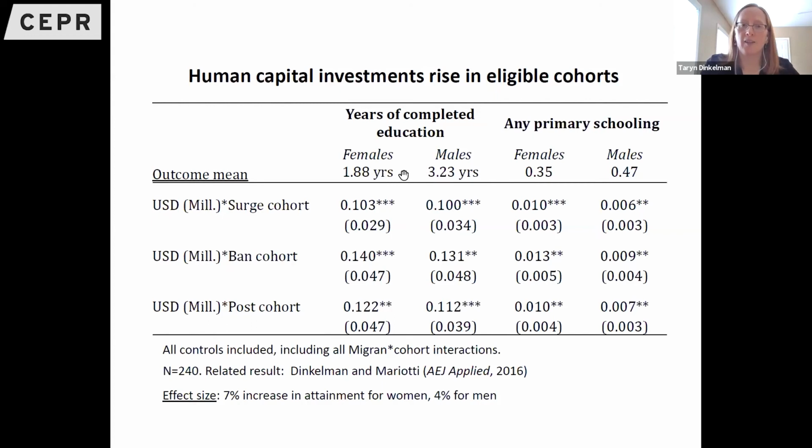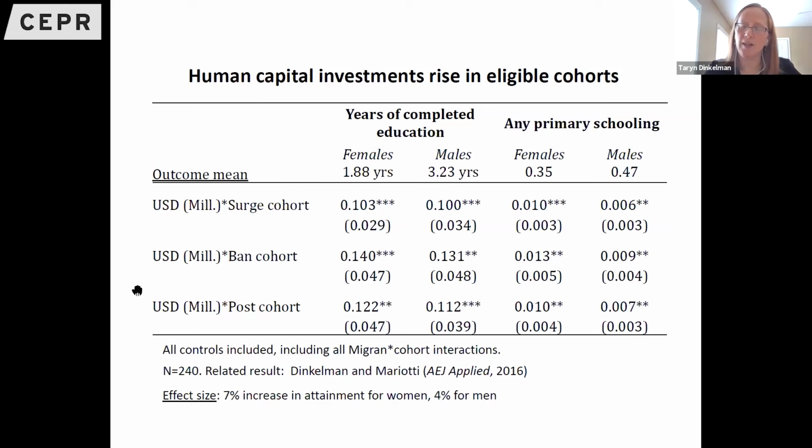What we find is that education increases, and it increases for females and for males, although relatively more for females than for males. You can see here the level of education is pretty low in Malawi, and on average for women it's 1.8 years, for men it's 3.2 years. Only a third of adult females have been to primary school, almost a half of men.